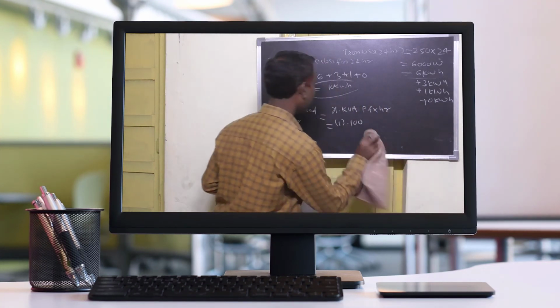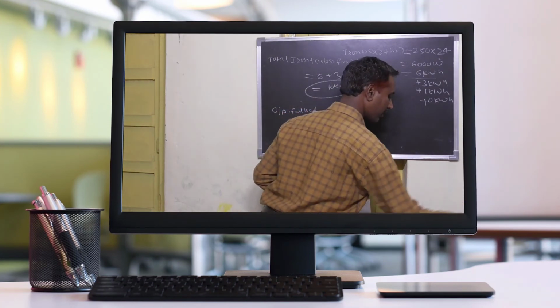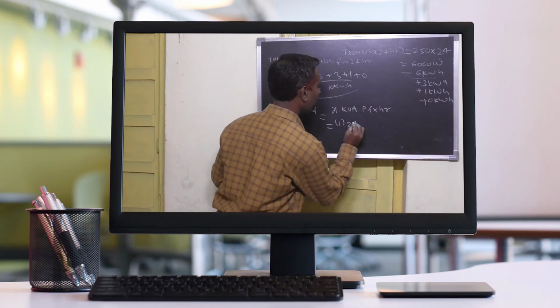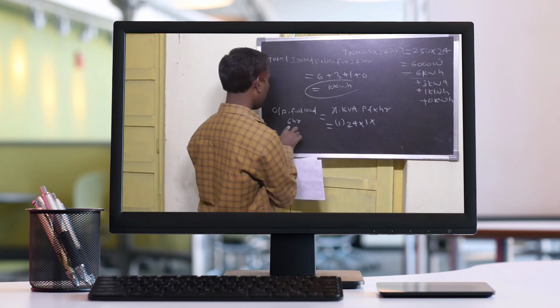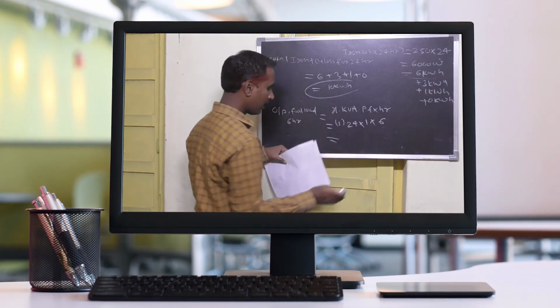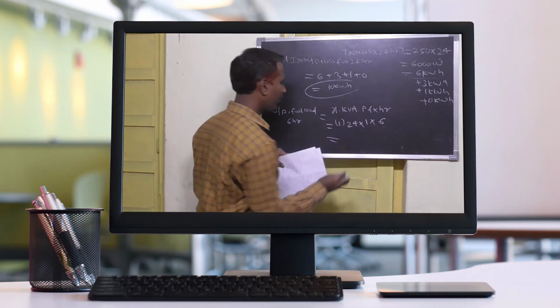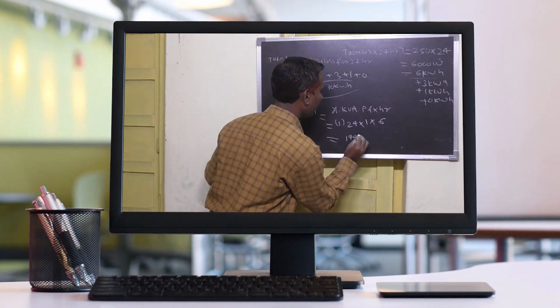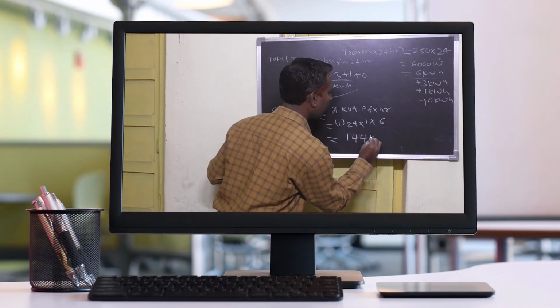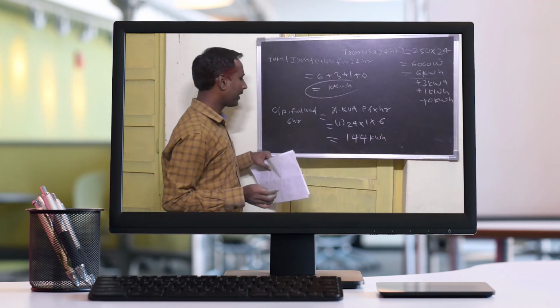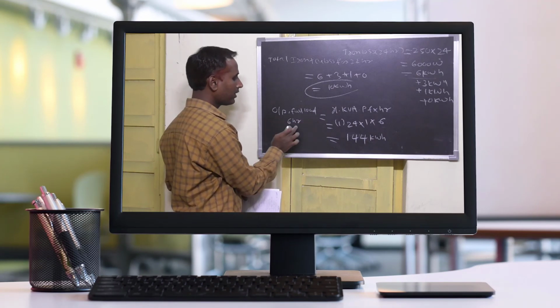Power factor is not given, that's why I took 1. For 6 hours, we will get 144 kilowatt hour. Output at full load for 6 hour.